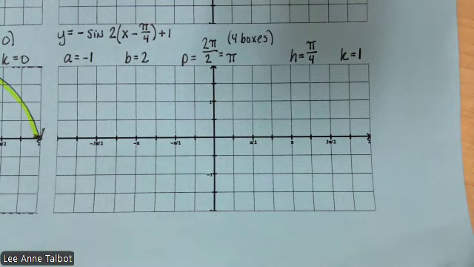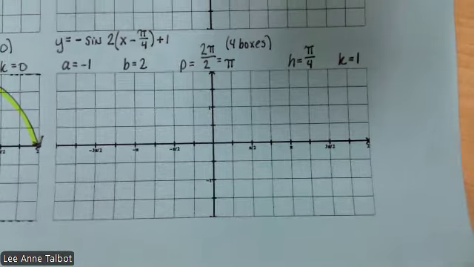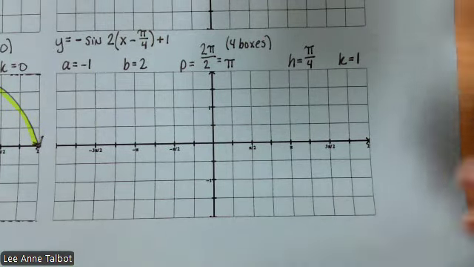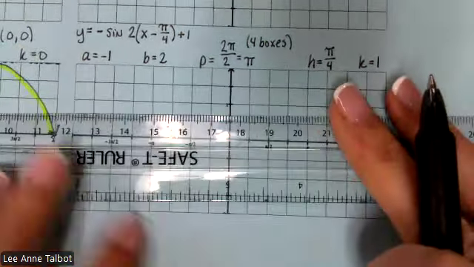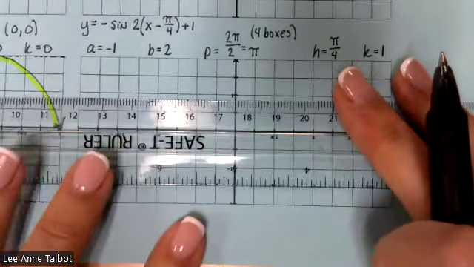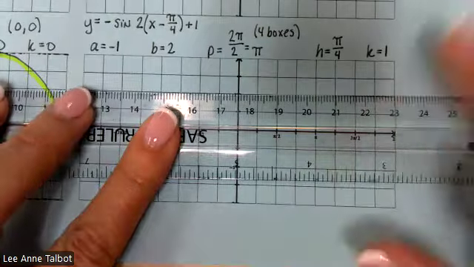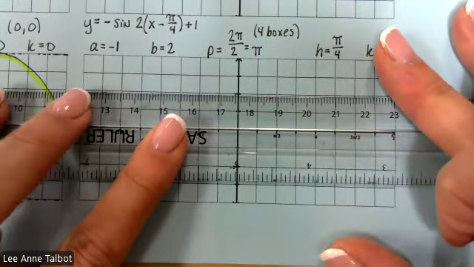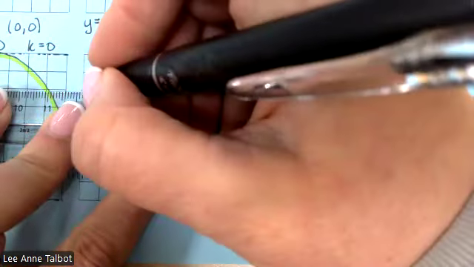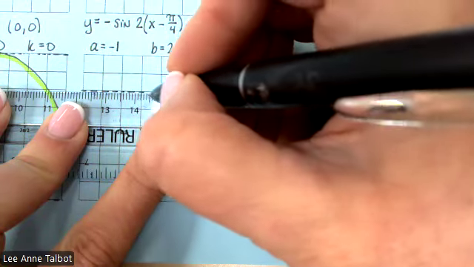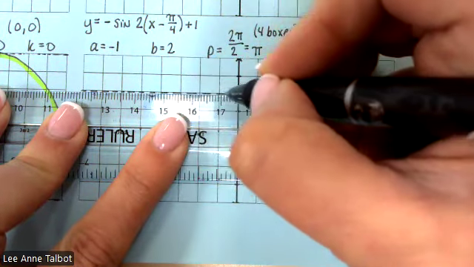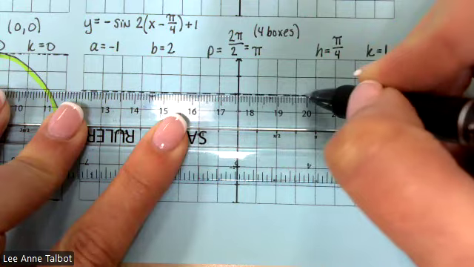Okay, and so this is a really good one for us to slow down and make sure we understand what's going on. First one I start with is K, always. I start with the midline, and I build off of the midline. And so I'm going to draw a dashed line at 1. Why have I not done this before? Yeah, K was always 0 before, and the x-axis is already kind of bolded.